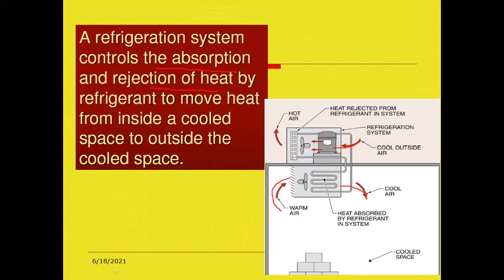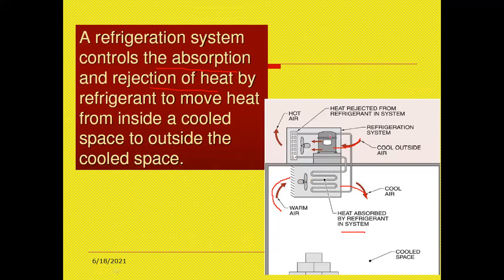Here what happens: whenever we are in a room and switch on the AC, the heat is absorbed by the refrigerant in the system, and the heat is rejected by the refrigerant outside the system.